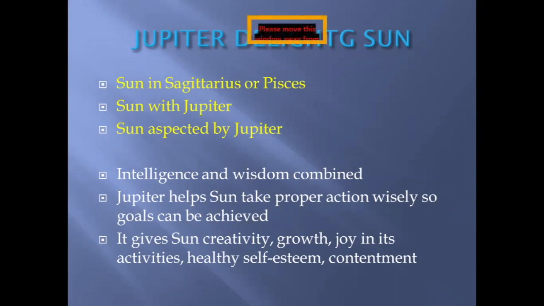Jupiter helps the sun take proper action wisely so goals can be achieved. And it gives the sun creativity and growth, since Jupiter makes everything that it touches bigger. And it's going to give it joy in its activities. So the person will have a healthy self-esteem and they will feel content about what they do.